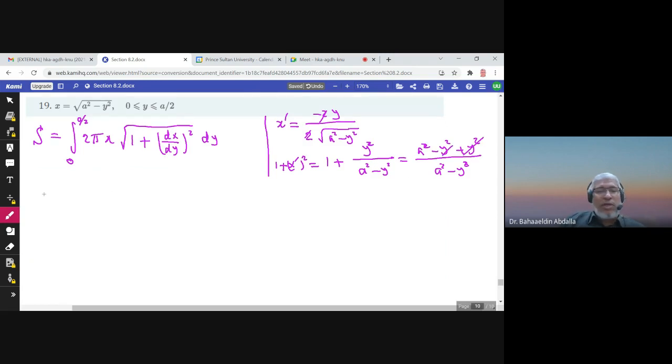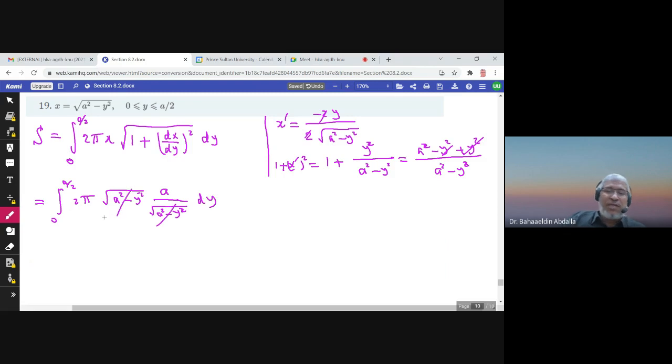So the integral would be from 0 to a/2, 2 pi. Now x, I have to write it as a function of y, because the integral is with respect to y. So x is square root of a² minus y². And now times square root of 1 plus x prime squared. So square root of a² is a, and square root of a² minus y², dy.